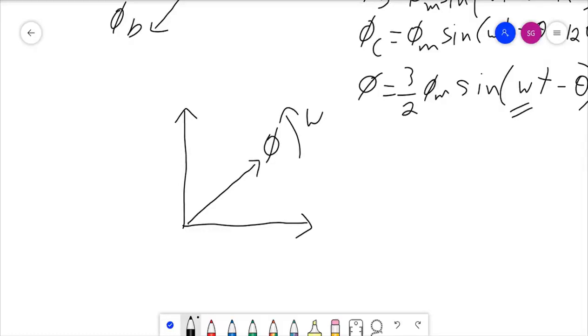In time, this phi will change its orientation and rotate. We can say this axis is the d axis and this axis is the q axis, and we can take components on these.